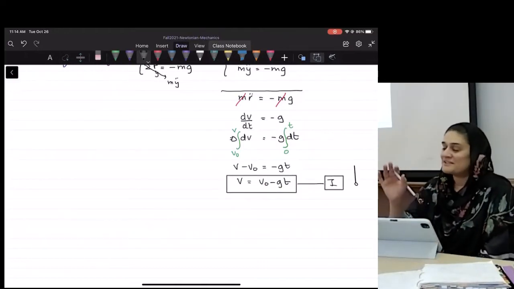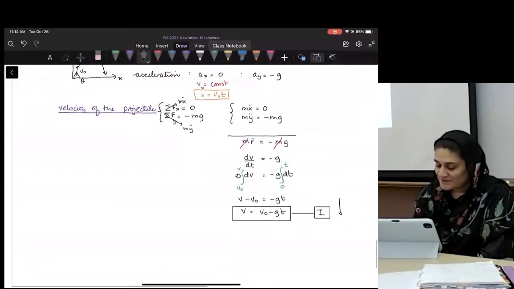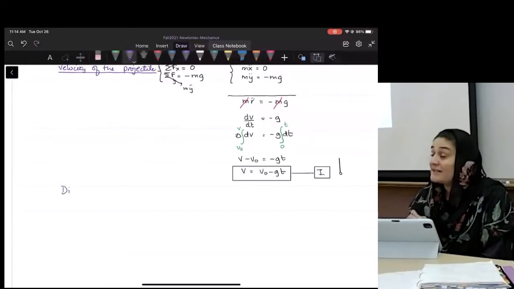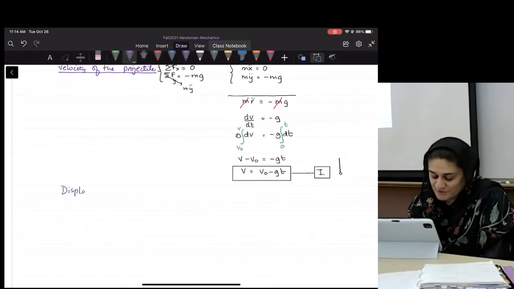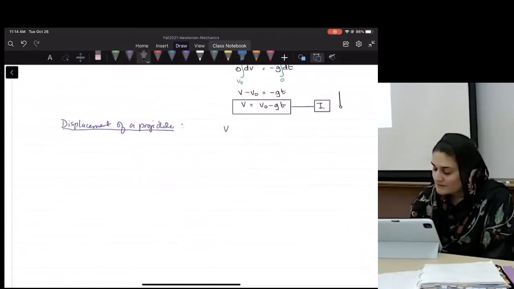Okay, now do you want to develop the second one? No. Come on, it's fun. Okay, so the second one will be displacement. It's not even that I'm looking for those equations of motion, I'm just doing displacements and stuff, right? If I wanted to find the displacement of a projectile, can I do this? v equals v0 minus gt.